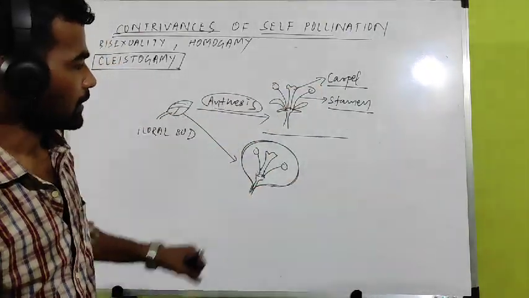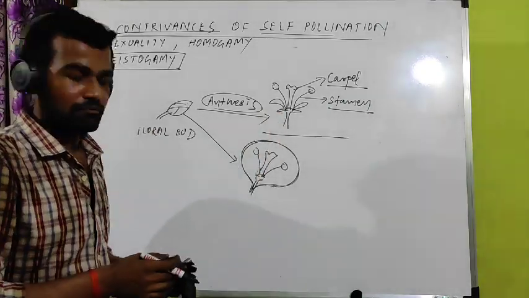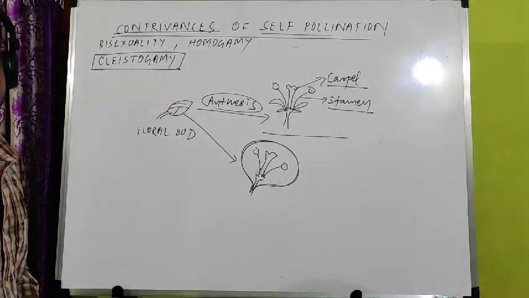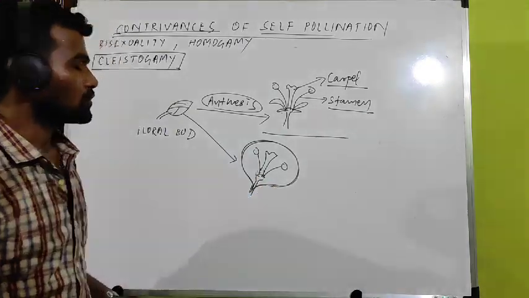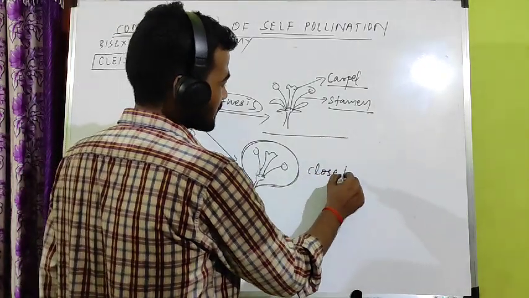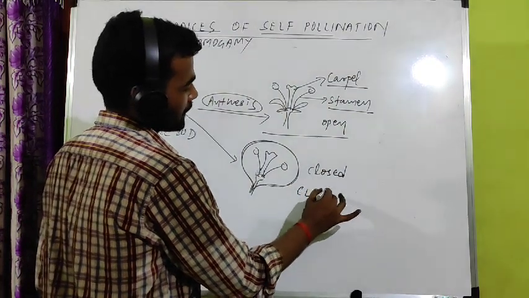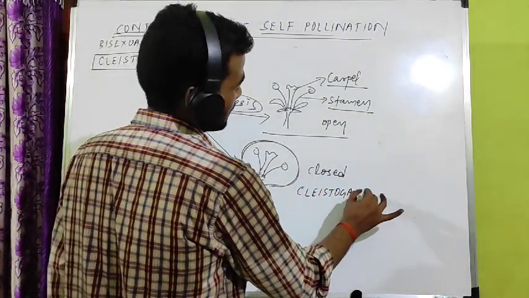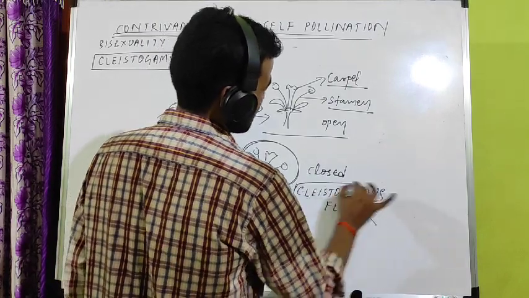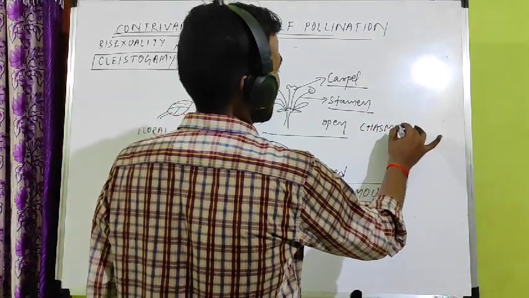This is the open flower. But sometimes the sepal and petal do not open, so the flower remains completely closed inside a chamber, a protective cover. So two types of flower are possible. These are the closed flowers and these are the open flowers. The closed flowers are called cleistogamous flowers, and the open flowers are called chasmogamous flowers.